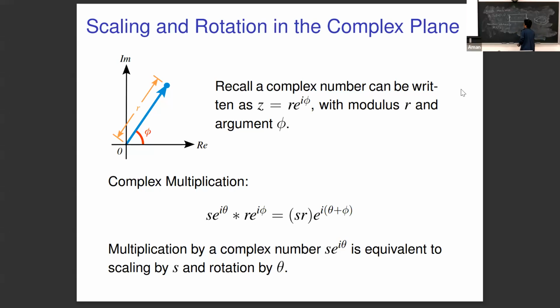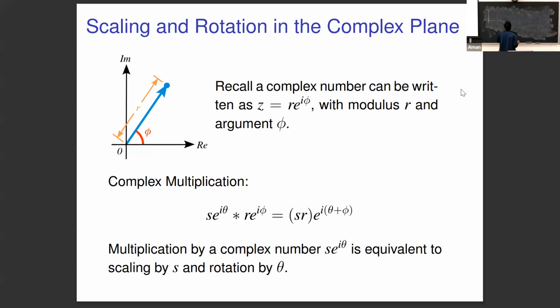So, consider that this is the real line, this is the imaginary line.